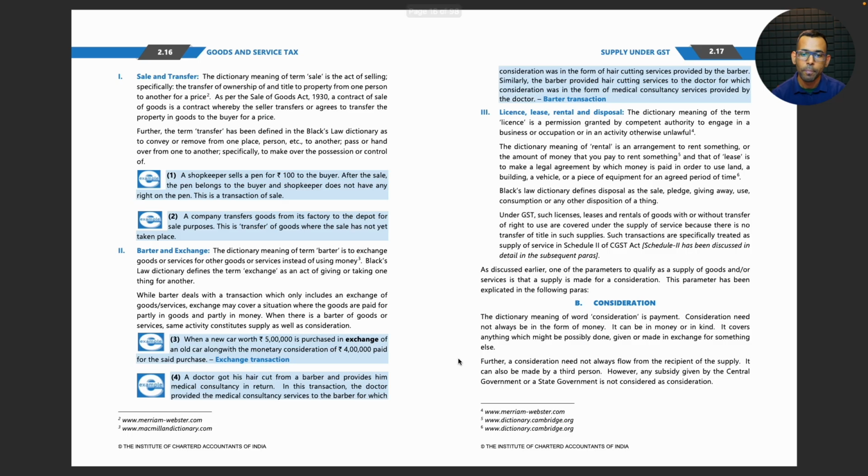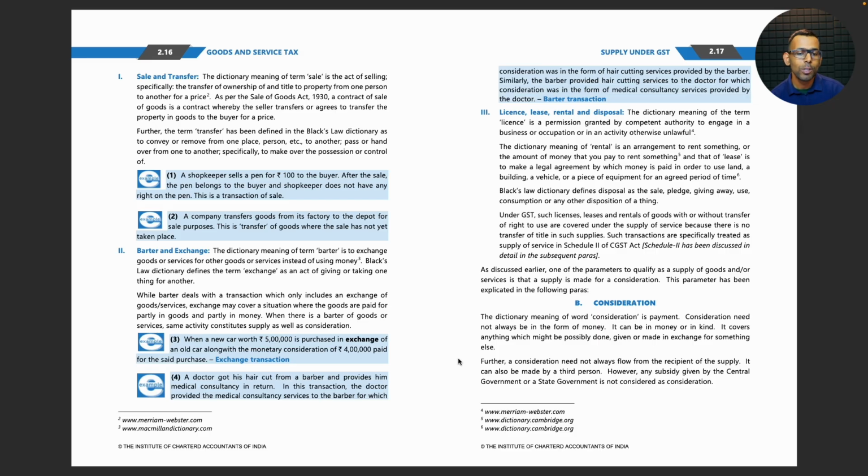Sale and transfer. The dictionary meaning of the term sale is the act of selling, specifically the transfer of ownership of and title to property from one person to another person for a price.